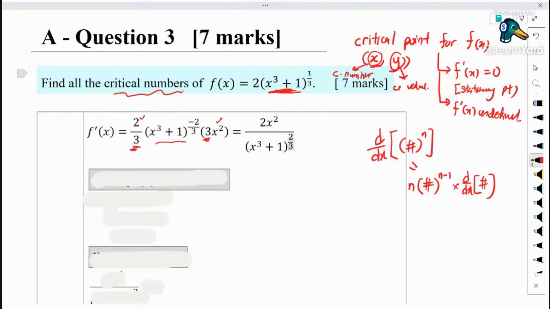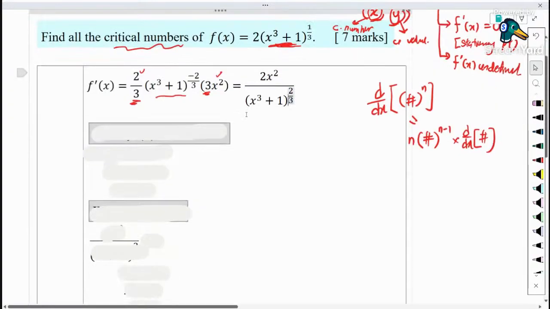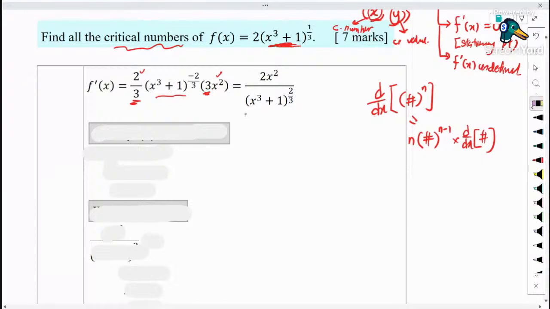Now we will proceed further to determine the critical number, which is the x coordinate of the critical point, by using f prime equal to 0 and also f prime undefined. So we start with when f prime is undefined. By right, we can get the answer just by inspection.